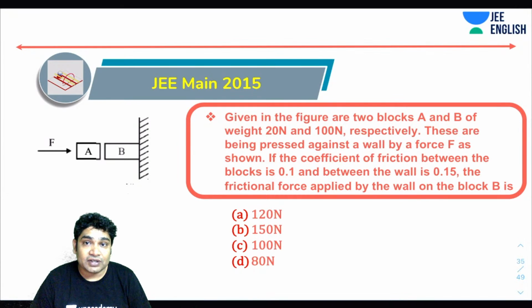If the coefficient of friction between the blocks is 0.1 and between the wall and the block B is 0.15, then the frictional force applied by the wall on the block B, that is what you find.